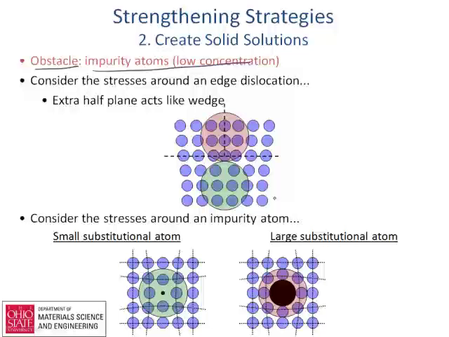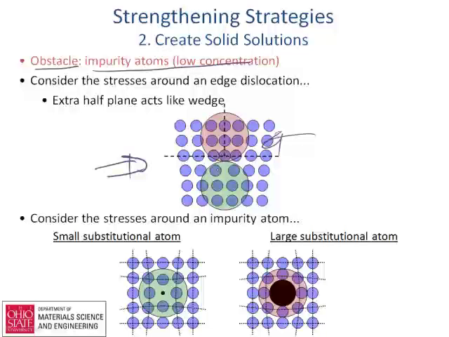So what you can do is you can have solutes that interact with this. A couple of the solutes that you might be interested in would be, one would be a small substitutional atom that's smaller than average. Well, if you had a small substitutional atom that sits on the same lattice sites, where would a small one want to go in this picture up here? It would probably want to go where things are really crowded, to a spot like that.